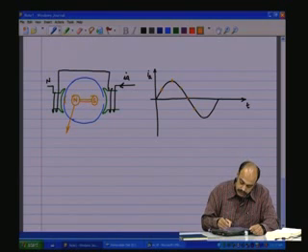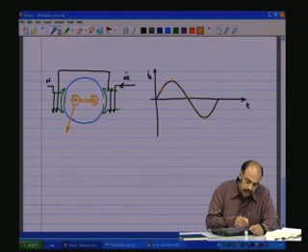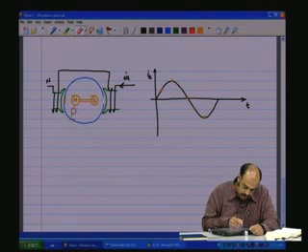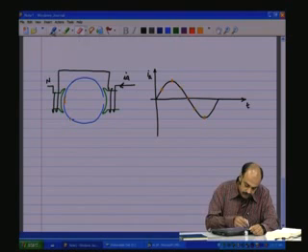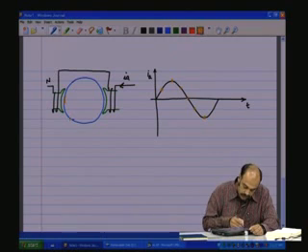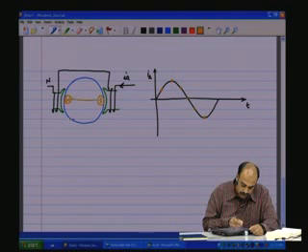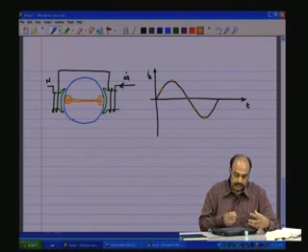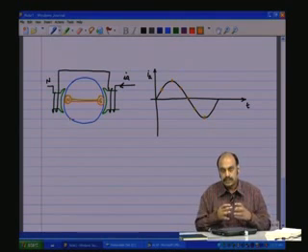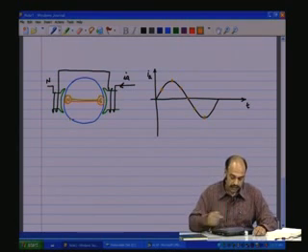And then at the negative peak, it would reach the negative maximum. So you would have a dumbbell at the negative maximum, that is, this is south pole and north pole.